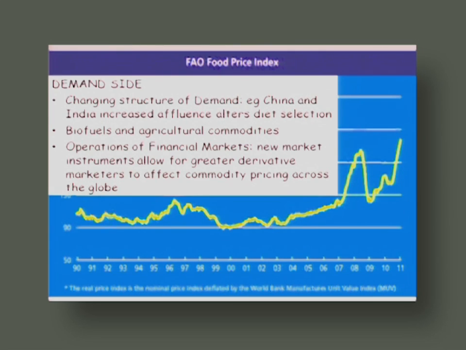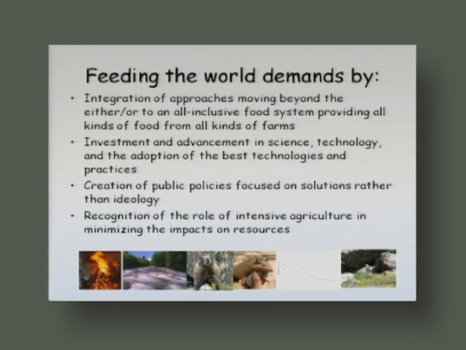And so these all played out into this highly dramatic change in commodity pricing. So we're really struggling with how do we actually feed 7 billion people now, 9 billion by 2050. What are the integrated approaches that we need to make to provide the goods and services in the food products that we have?